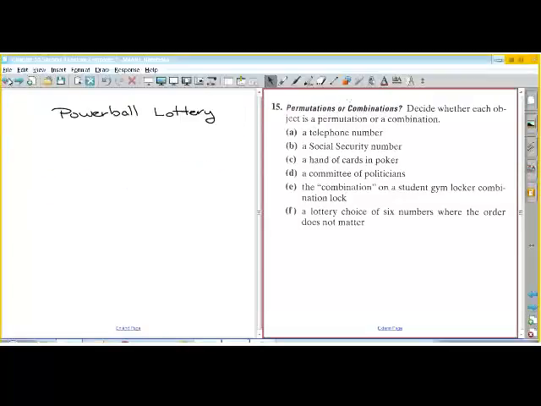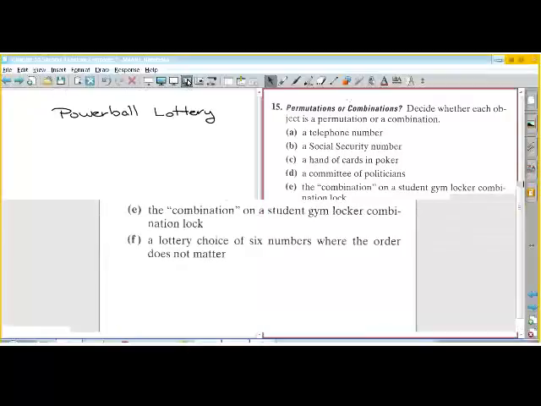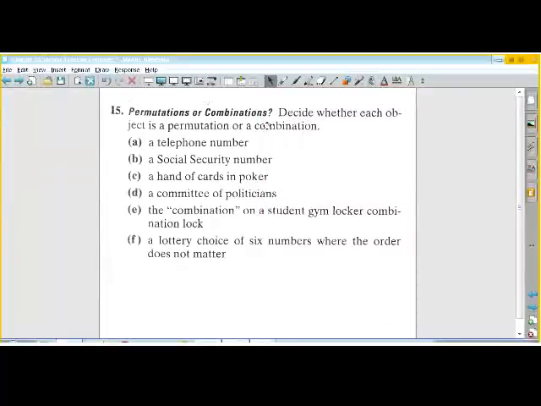Okay, let's go back and look at some examples. Well, first thing we'll do is look at this problem. So the question is, we wanted to know whether these would be combinations or permutations. The question you ask is, does the order of the elements, the numbers, make a difference in terms of the result?